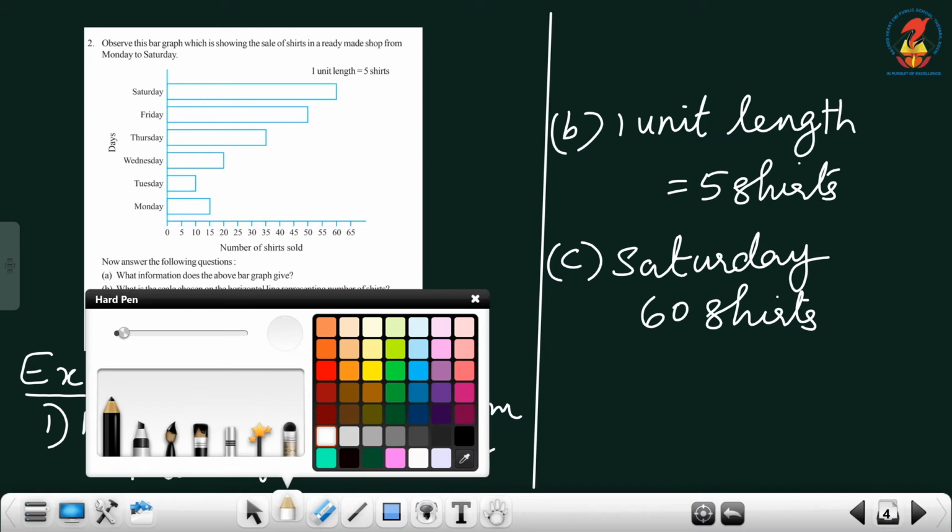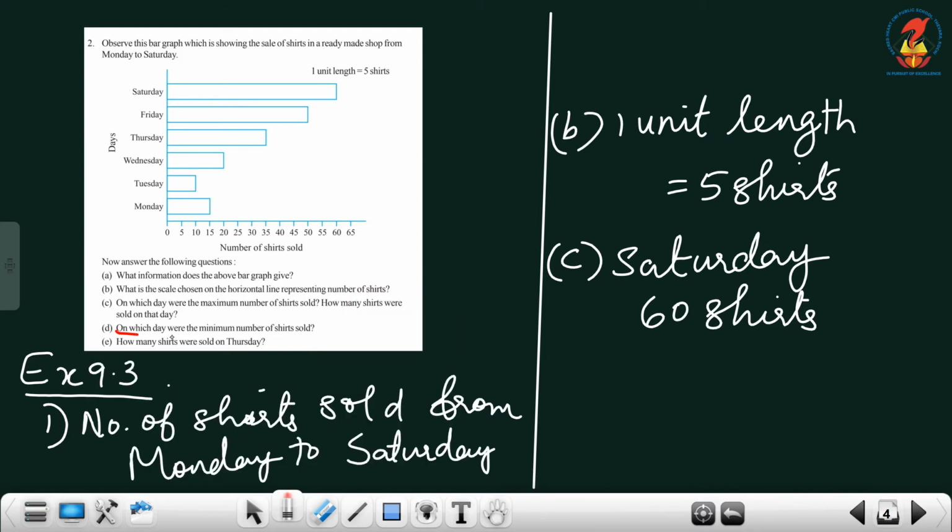Then D. On which day were the minimum number of shirts sold? Minimum number of shirts sold, which is this 10. Which day? On Tuesday.